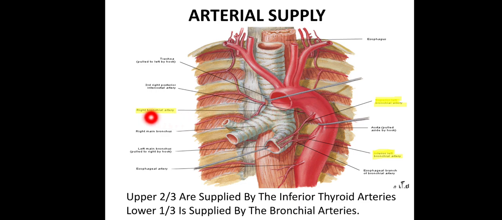You can see the highlighted right bronchial artery on the right side and the left bronchial artery on the left side, which supply the trachea. On the right side there is one bronchial artery, and on the left side there are two bronchial arteries, superior and inferior, which are highlighted here.